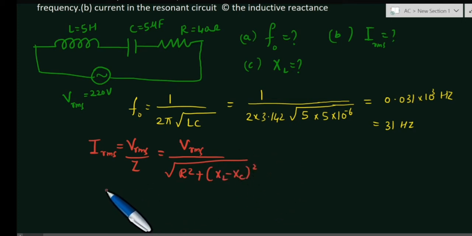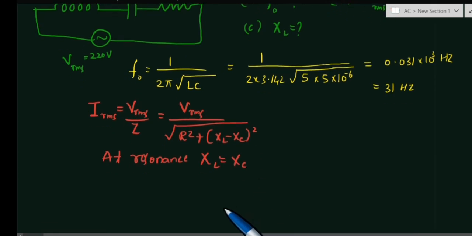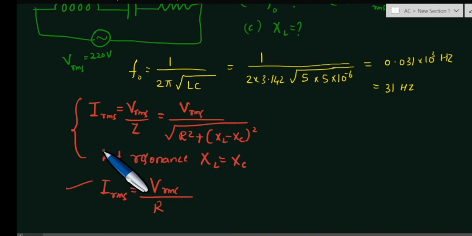But at resonance, XL should be equal to XC. So if you substitute those values, you will get Irms is equal to Vrms divided by R. So directly we can take this formula instead of doing all these steps. At resonance, Irms is equal to Vrms divided by R.